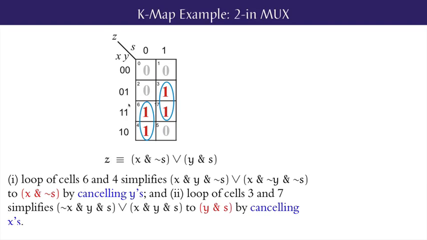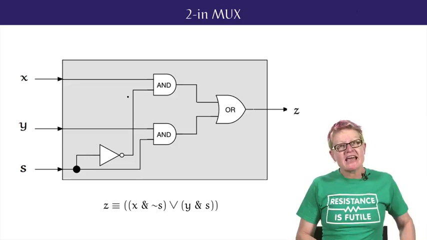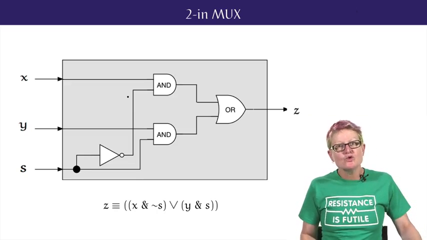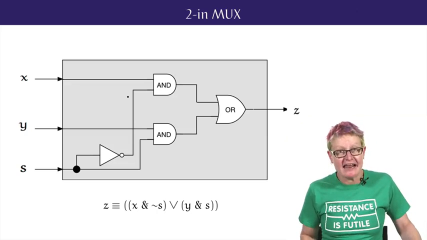Cell 3 has the 3-bit XYS code 011, representing not X and Y and S, while cell 7 has the 3-bit code 111, representing X and Y and S. These 2 cells are complementary with respect to the X input, so the X's are cancelled, and the result is the conjunction Y and S. So the resulting minimal DNF circuit has an outer 2-input OR gate and at the inner level 2 2-input AND gates, as we claimed last lesson.